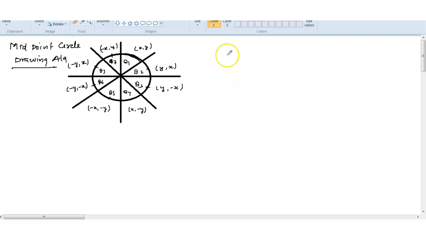So this is the equation of the circle, f of x y. We can write the equation of the circle as x square plus y square minus r square. For a given point x and y, if f of x y is equal to 0, consider any point here which is lying on the circle.